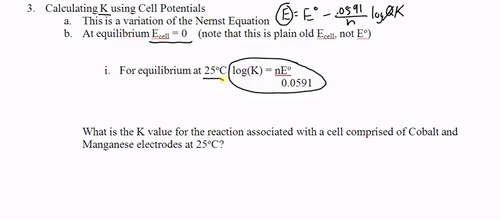And so that is then how we end up at this equation, which works nicely at 25 degrees Celsius. If we want to adjust the temperature range at which we're looking, then we would have to deal with the original Nernst equation. E is equal to E naught minus RT over n times F natural log of Q. And so we'd have to go through an adjustment based on this equation.